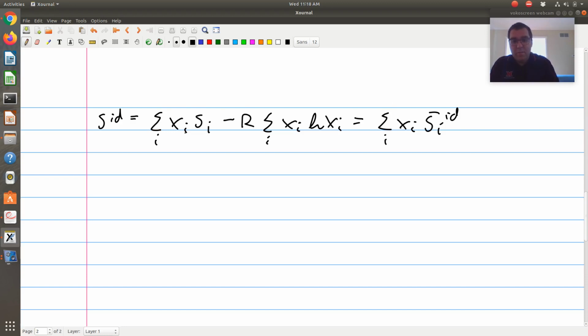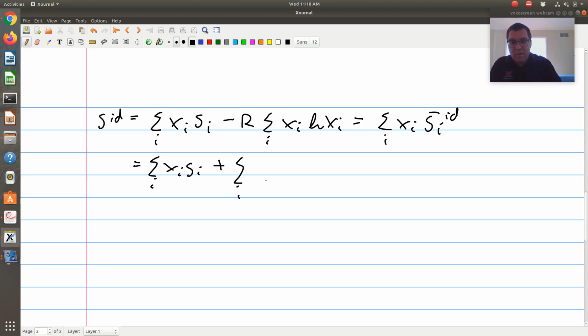So what I'm going to do is first take this left-hand side and rewrite it, in baby steps. I'll take the first term and write it as the sum over i of x_i S_i as before. R is just a constant, so I'm going to bring this negative R into the summation.